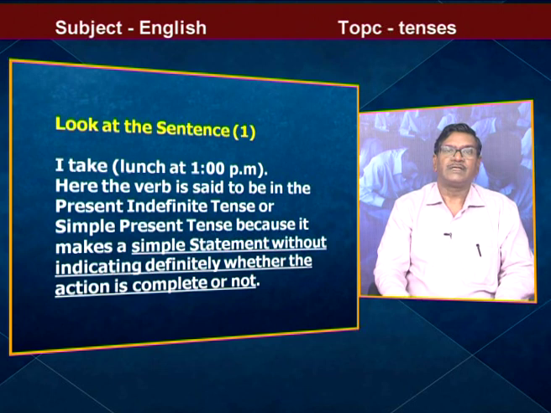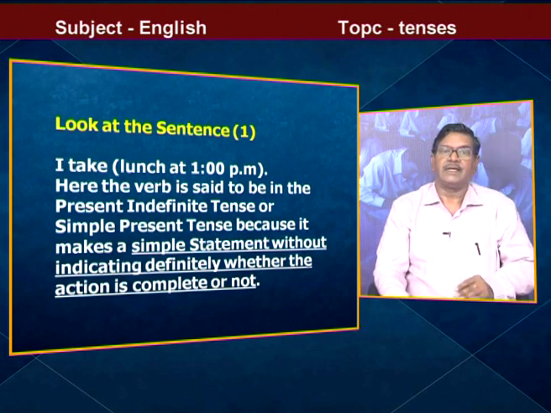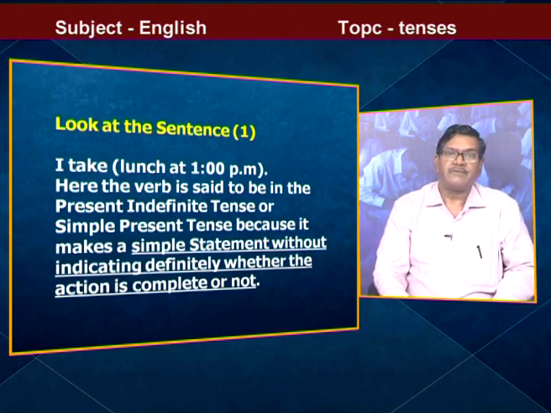Now, look at sentence 1, I take lunch at 1 p.m. Here the verb is said to be in the present indefinite or simple present tense, because it makes a simple statement without indicating definitely whether the action is complete or not. So, that is why it is present indefinite tense or simple present tense.